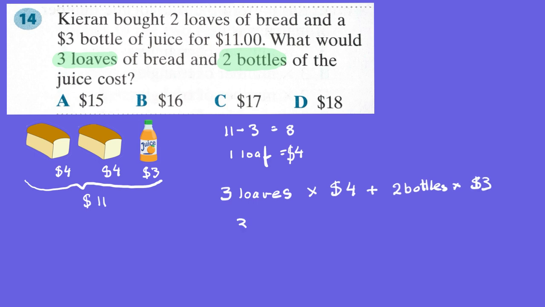So 3 times 4 plus 2 times 3, and that'll be equal to 12 plus 6, which is altogether $18. And we do have that $18 in our answer. It's D.